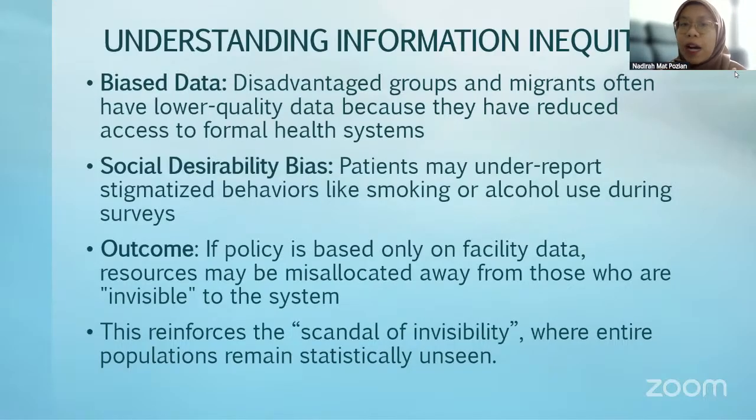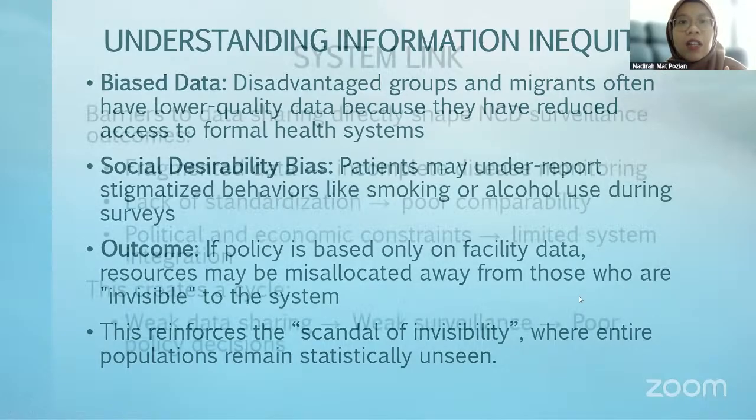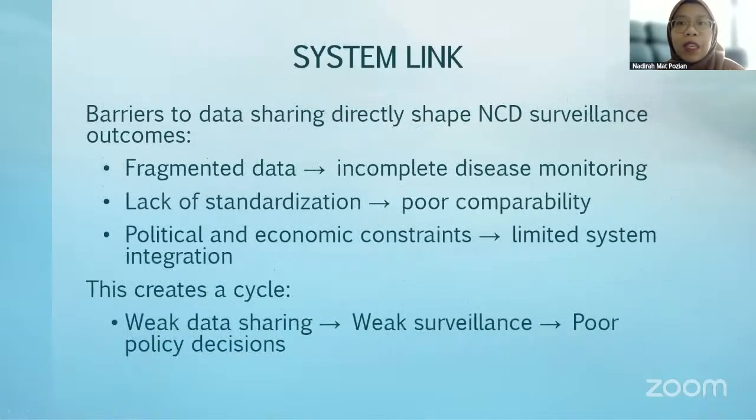So that's where my work comes in, where we're looking at this invisibility, how the system works or links. So barriers to data sharing directly shape NCD surveillance outcomes. If we have fragmented data, it means we're going to have incomplete disease monitoring.